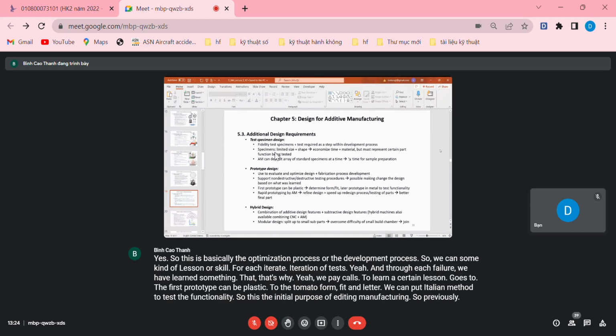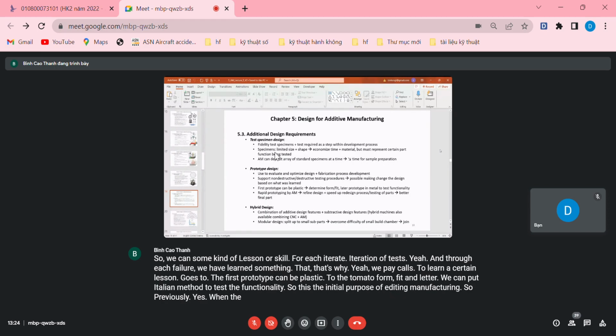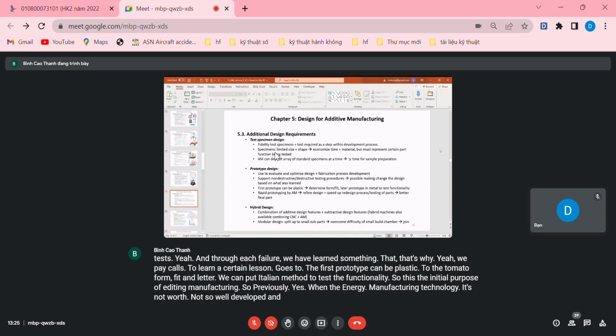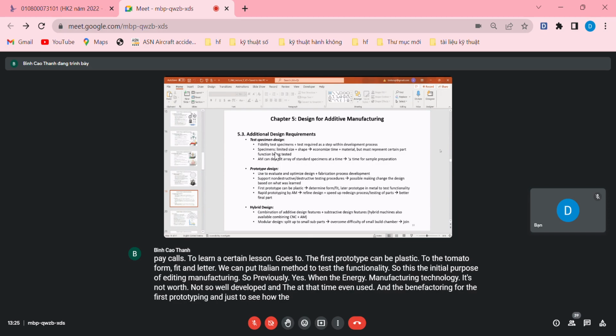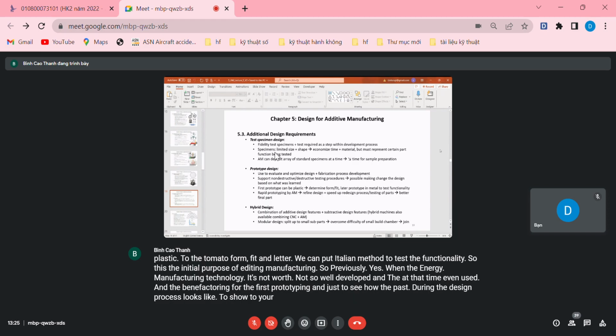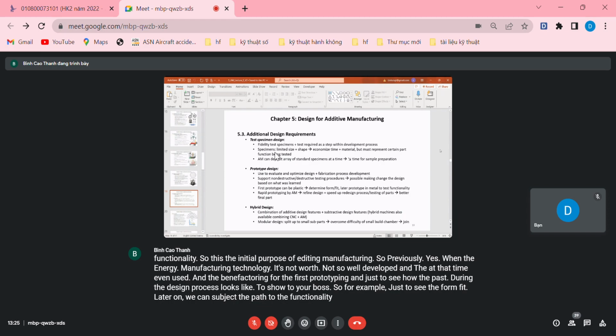Previously, when the additive manufacturing technology was not so well developed, they used additive manufacturing for fast prototyping, just to see how the parts during the design process look like, to show to your boss, so for example, just to see the form fit. And later on, we can subject the part to the functionality test in the design condition, yeah, to verify the design.